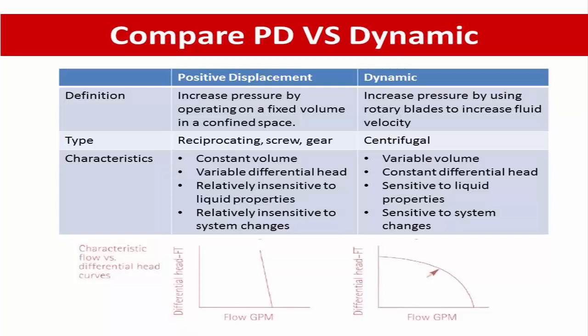For dynamic, centrifugal. Characteristics of positive displacement: constant volume, variable differential head, relatively insensitive to the liquid property, relatively insensitive to system change. For dynamic, it can be considered variable volume, constant differential head, but sensitive to the liquid property such as specific gravity, and sensitive to system change.